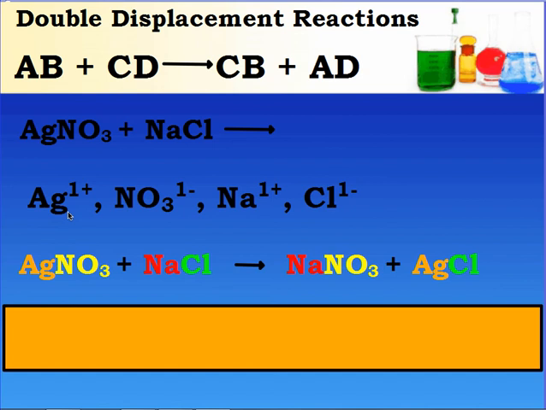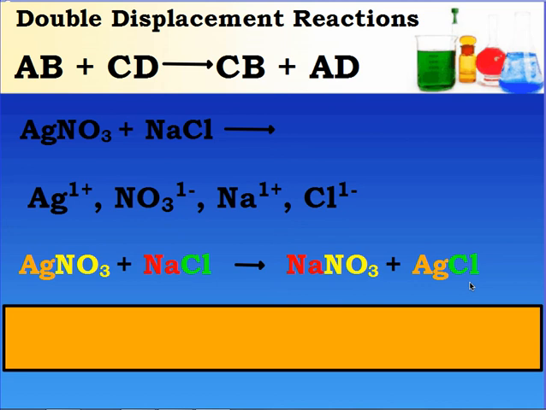So here I've got silver with a positive 1 charge, nitrate with a negative 1 charge, sodium with a positive 1, and chlorine with a negative 1. So if I go ahead and just switch places, Ag and sodium, I end up with sodium nitrate plus silver chloride. Great. But here's the problem.